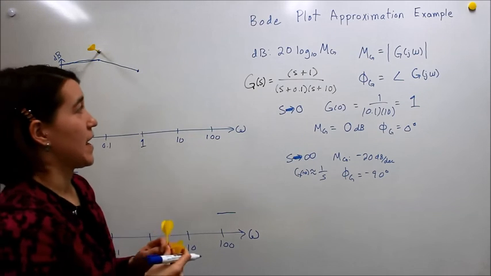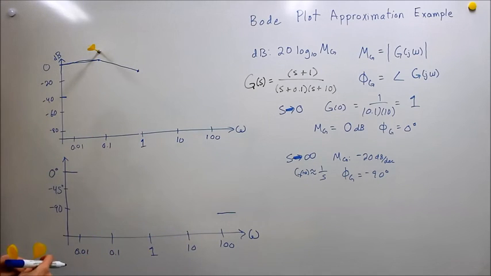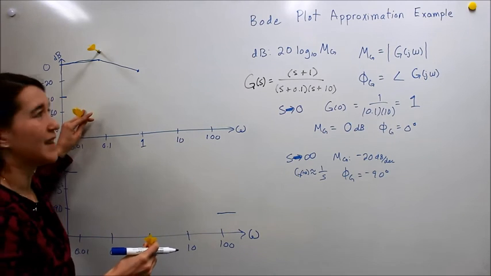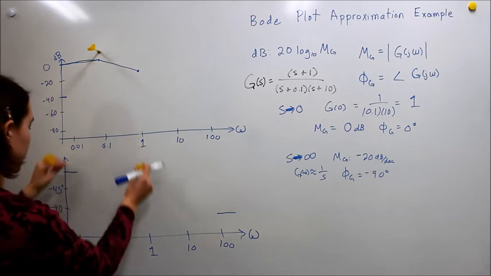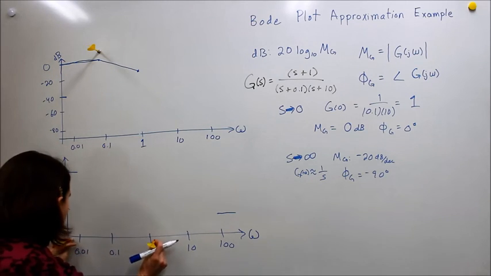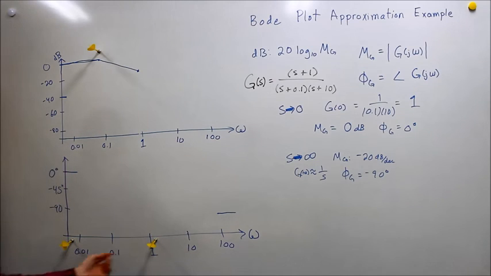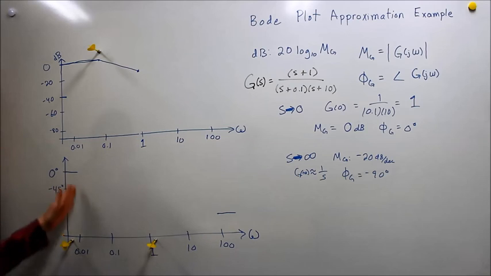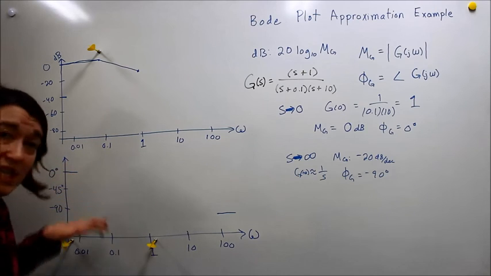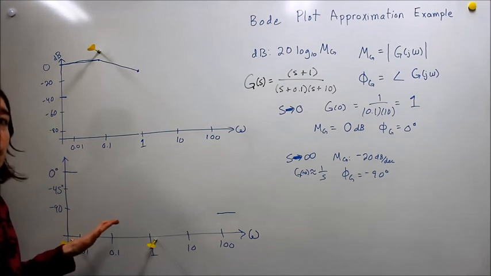And the effect on the phase is plus or minus one decade. So the effect of this one pole is actually going to affect the phase from 0.1 to 1.